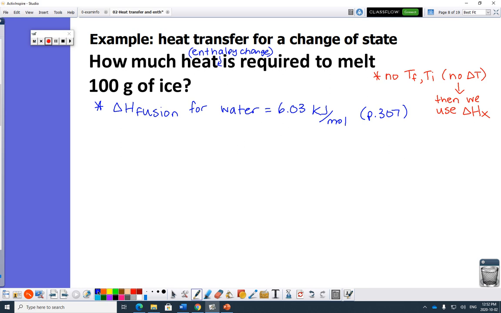So we can't use grams, we need moles. Grams is a solid, so we can do the solid way.